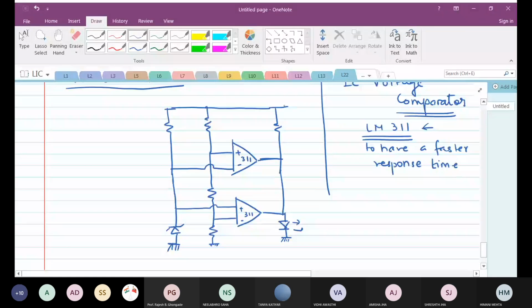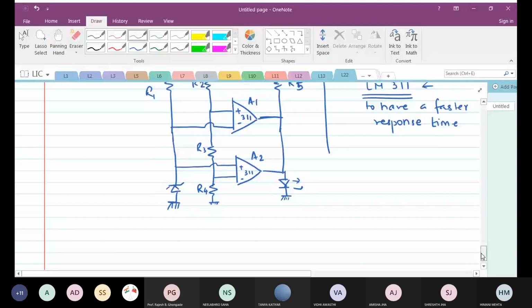Of course, don't forget that we are having the VCC or some input voltage, whatever input voltage that you want. This is R1, this is R2, this is R3, R4. Call this as A1, A2. Call this as RS or R5 to be more precise. This is the LED. Can you see how it works?